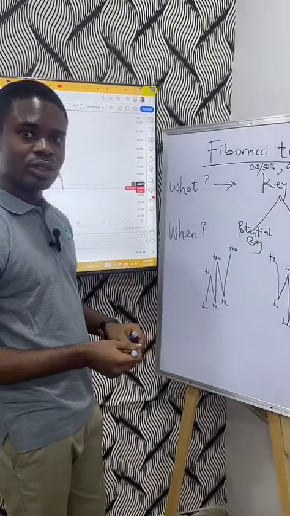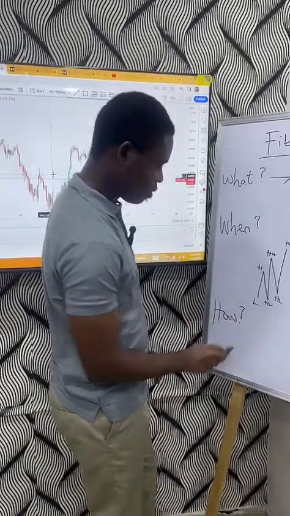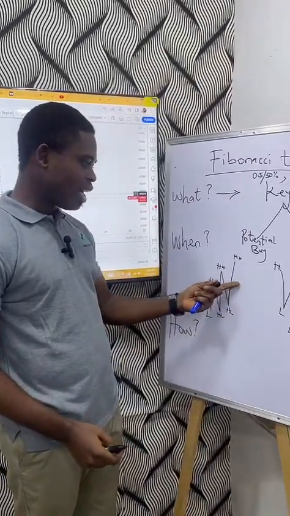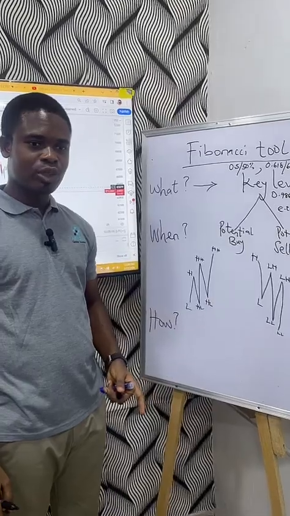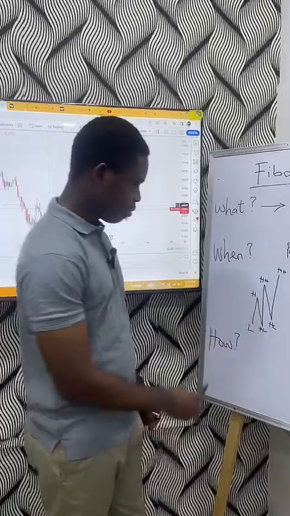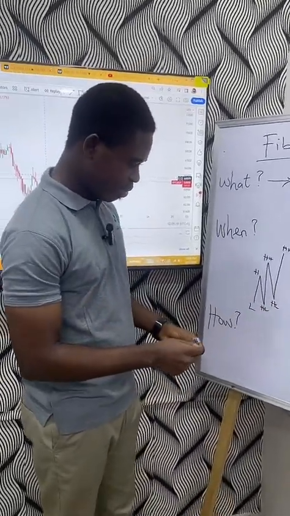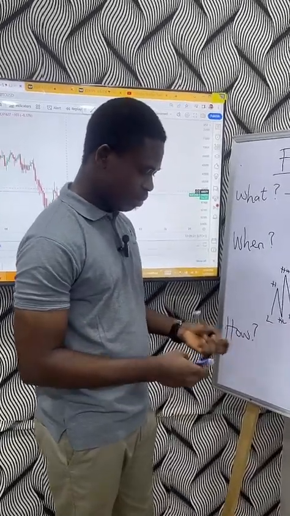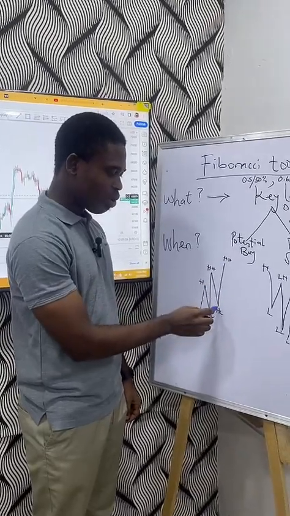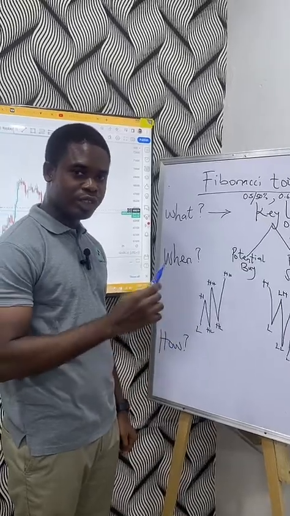All right, so how do we draw the Fibonacci tool whenever we have a potential buying or potential selling opportunity? Okay, for example, in an uptrending market, we draw it from the last higher low to the last higher high, which consists of a range.